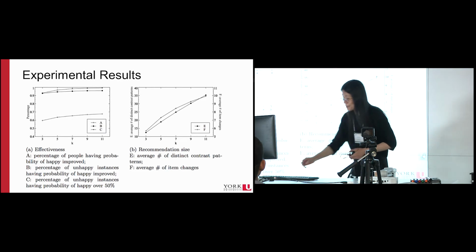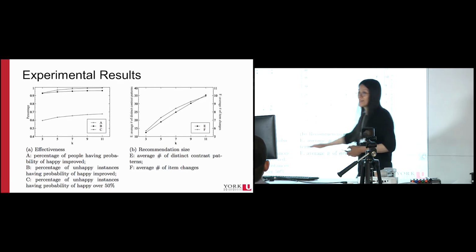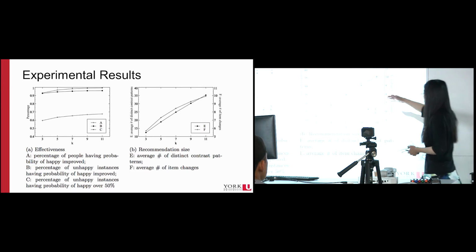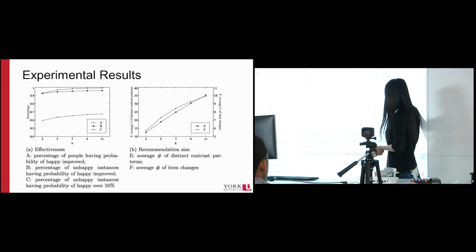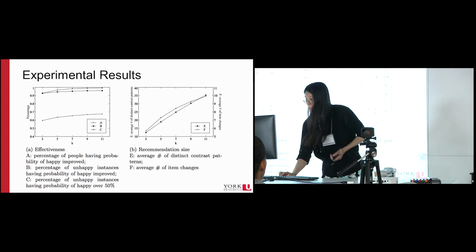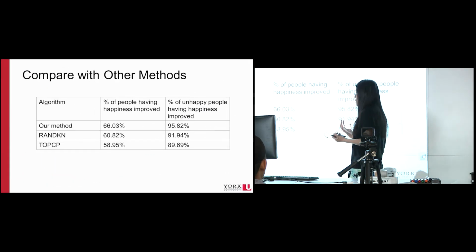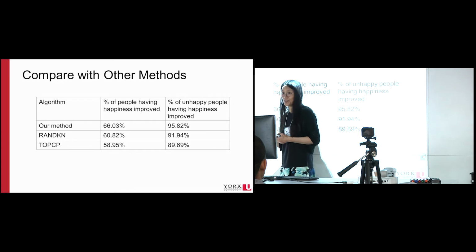K is the number of neighbors, and this one shows the average number of recommended items for each recommendation. We also compare with some other methods, to see if the use of KNN is good or not.